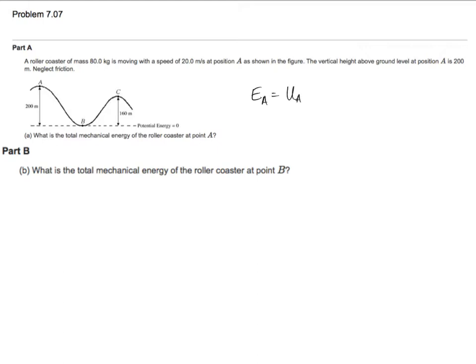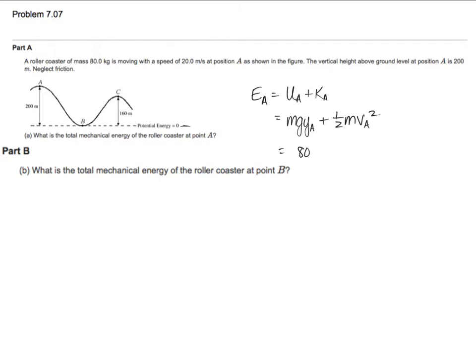Well, it's going to have both potential and kinetic energy at that location. Its potential energy is related to its Y position above the ground. We already were told what our reference point is. It's at the bottom. And then kinetic energy is 1/2 mv squared.